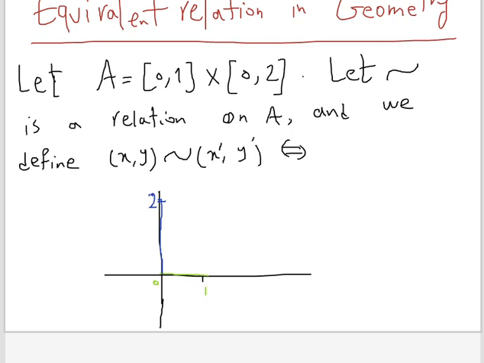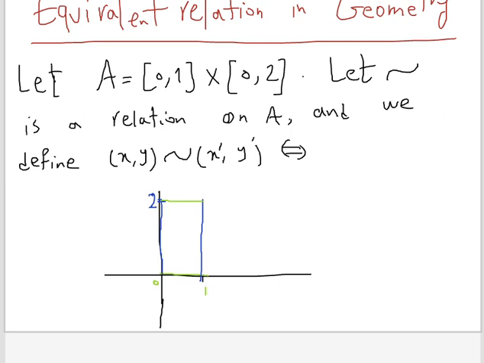Then the Cartesian product of them is this rectangle.